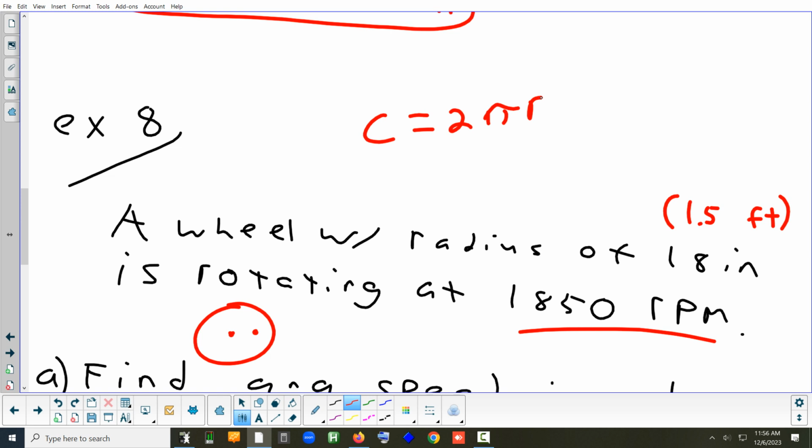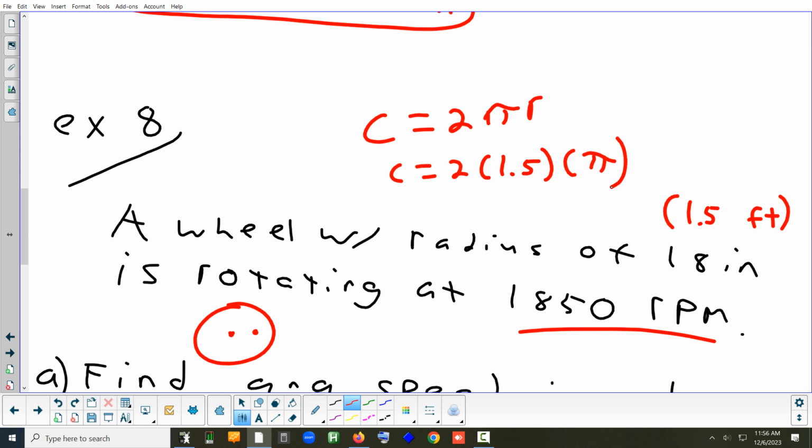Our radius is 1.5. So just in terms of pi, what is the circumference of my circle? 3 pi.